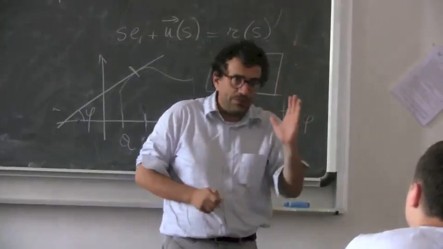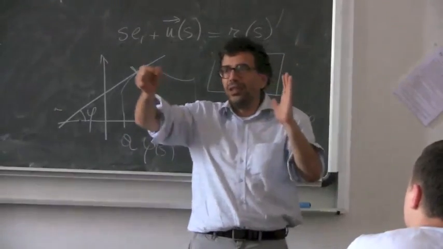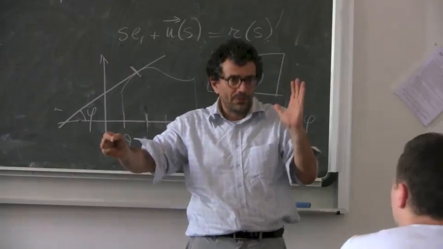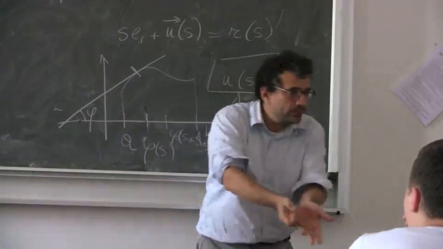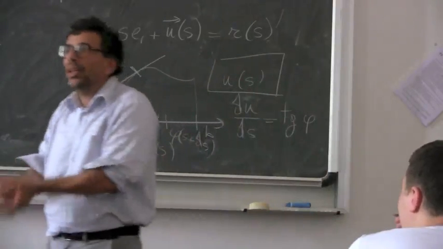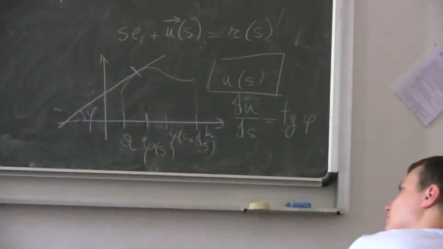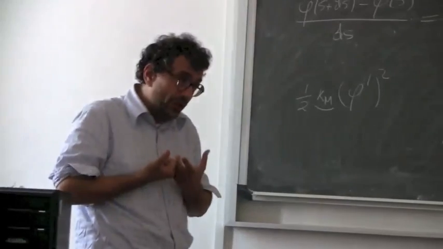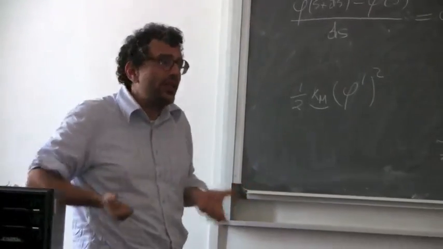You clamp one beam on one side, you load it with a load, this is the shape of the beam. Then you go, you measure. If your measurement is reasonably close to your theoretical prediction, then your theory is good.